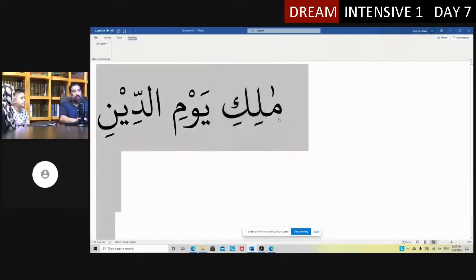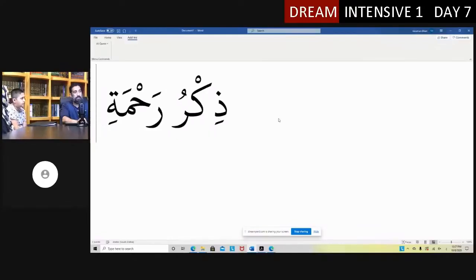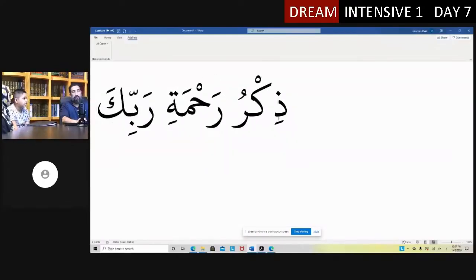Okay? So I'll give you a long string idafa, another one. Dhikru rahmati rabbika. This is in Quran. So dhikru is light, no alif lam. That would be a mudaf. Rahmati is jar. That would be a mudaf ilayh. But rahmati is also light, no alif lam, making it also a mudaf.